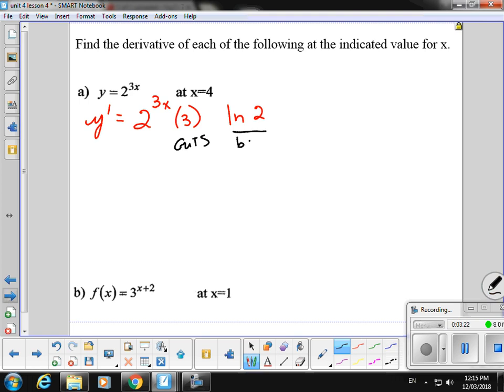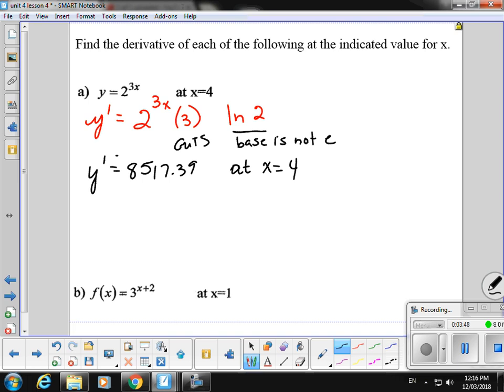This is because our base is not e. Our derivative is approximately 8517.39 at x equals 4.